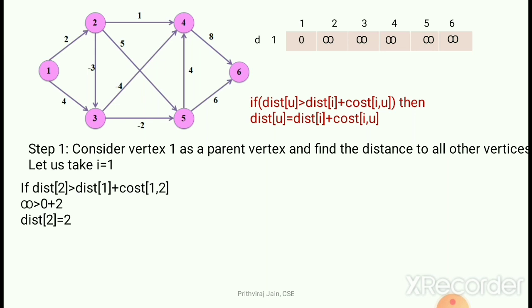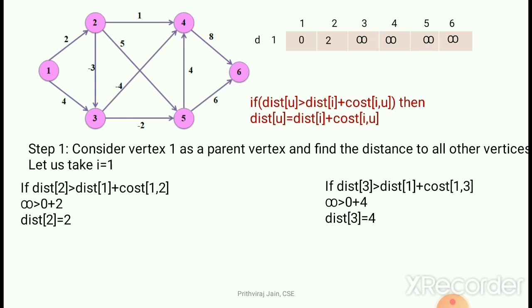If distance of 2 is greater than distance of 1 plus cost of 1 comma 2, we are just substituting the values: I indicates 1 and u means the next vertex, that is 2. So infinity is greater than 0 plus 2, and the condition is true, so distance of 2 is updated to the new minimum distance, that is 2. Instead of infinity we have updated the distance as 2.